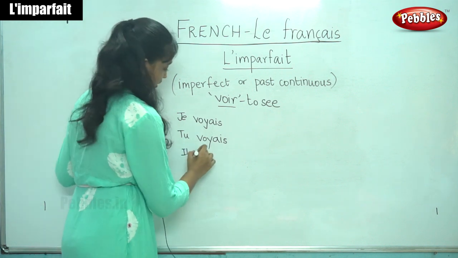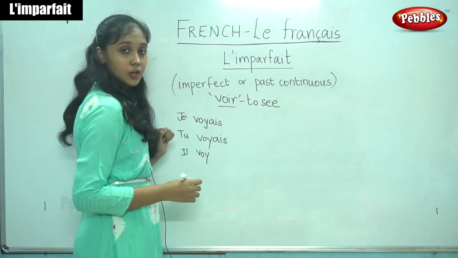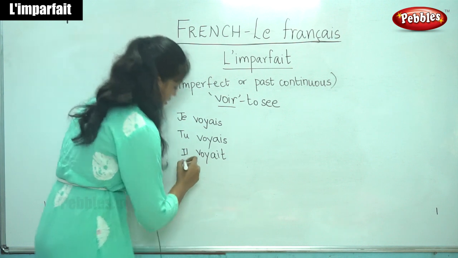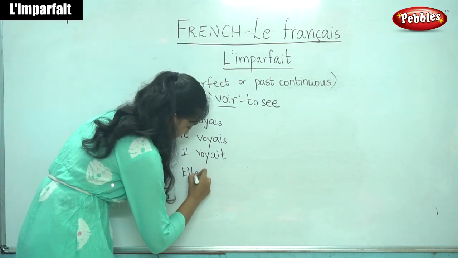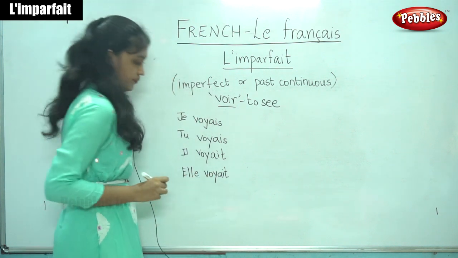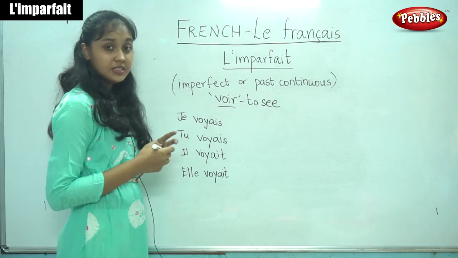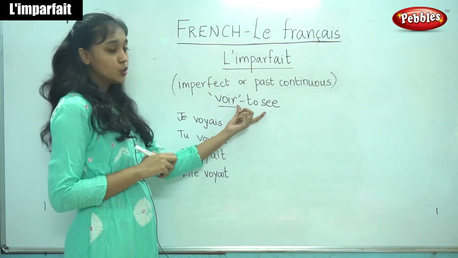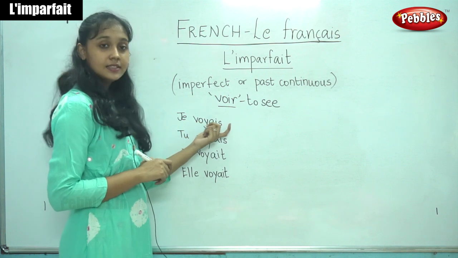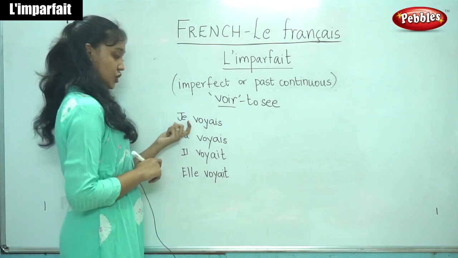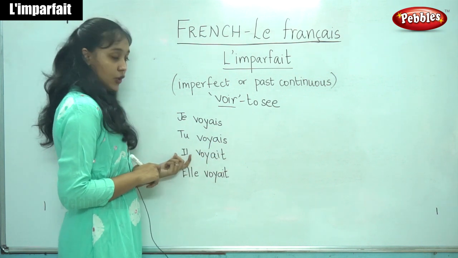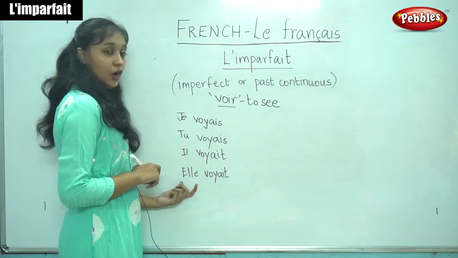For il, we write the stem followed by the ending AIT. For elle also, it is stem plus AIT. So it is very simple, right? How did we find the stem? We wrote the nous conjugation of the given verb. We removed ONS and added the endings AIS for je, AIS for tu, AIT for il, AIT for elle.